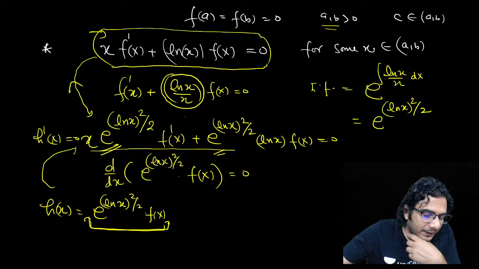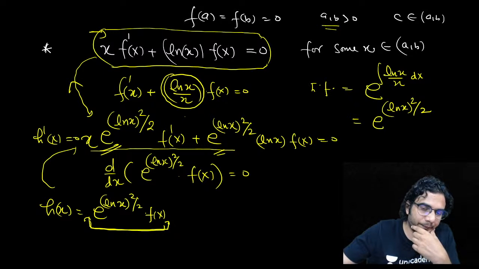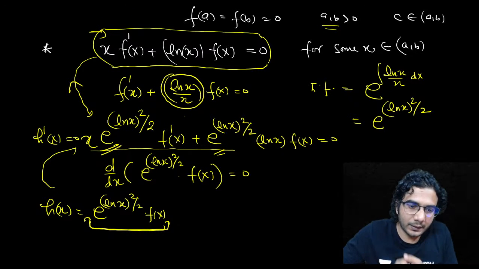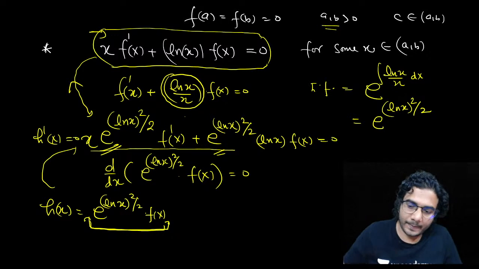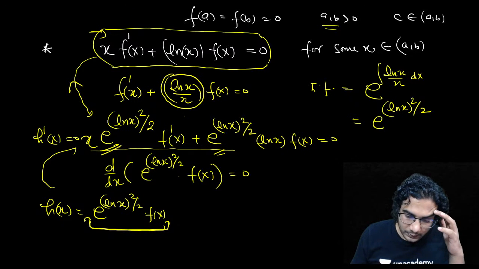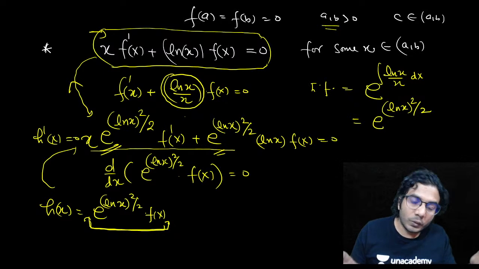But I'm not understanding your doubt. You're saying not for Rolle's theorem, but for something else. Then what do you want to do basically? See, we are given an expression, and we need to identify whose derivative this is.